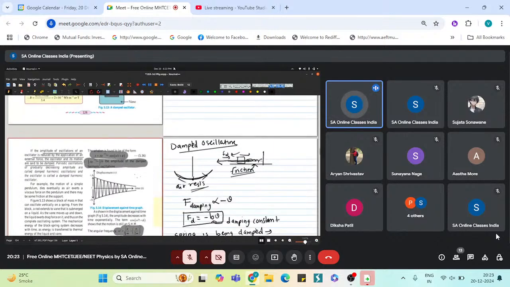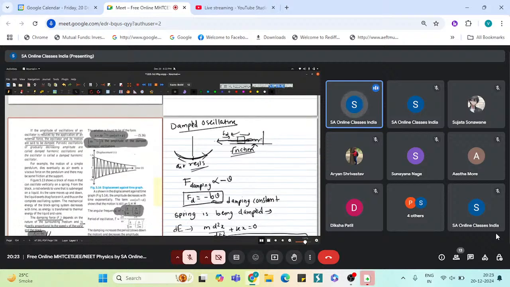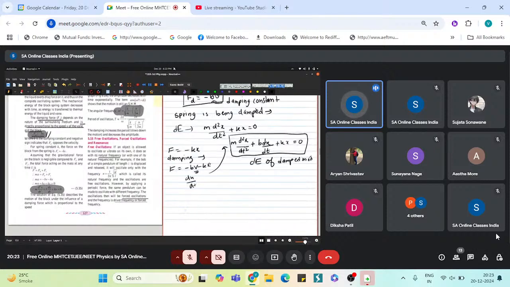And they have also given the solution to this differential equation. We'll not derive this solution, but this is something that you can remember very easily. The displacement x will be given as A, which is the amplitude. If you remember, the solution we had seen was x is equal to A cos(omega t plus phi).